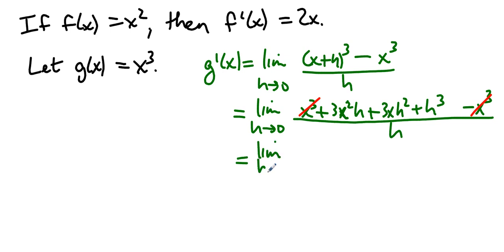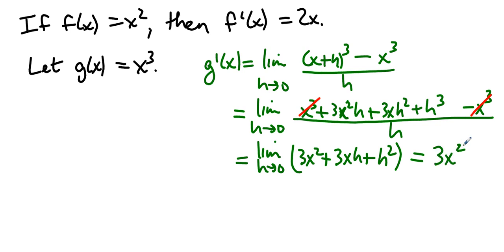So that's the limit as h approaches 0 of those will cancel, this will cancel, this drops a factor. And so what is that? Well, as h goes to 0, this is 0, this is 0, but this is 3x squared. So the derivative of x squared is 2x. The derivative of x cubed is 3x squared.